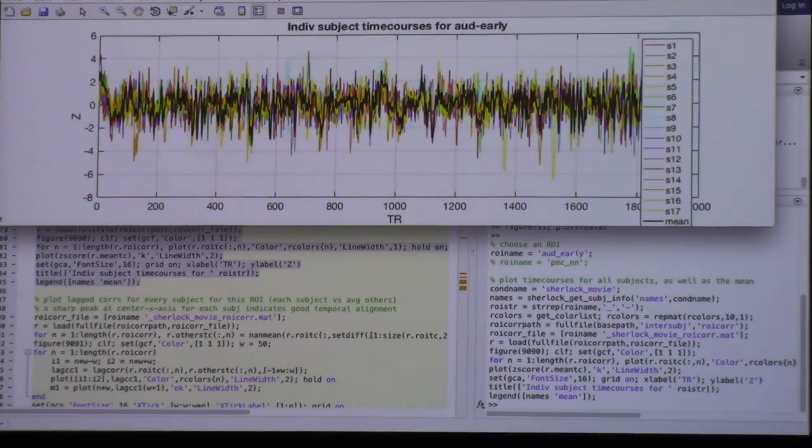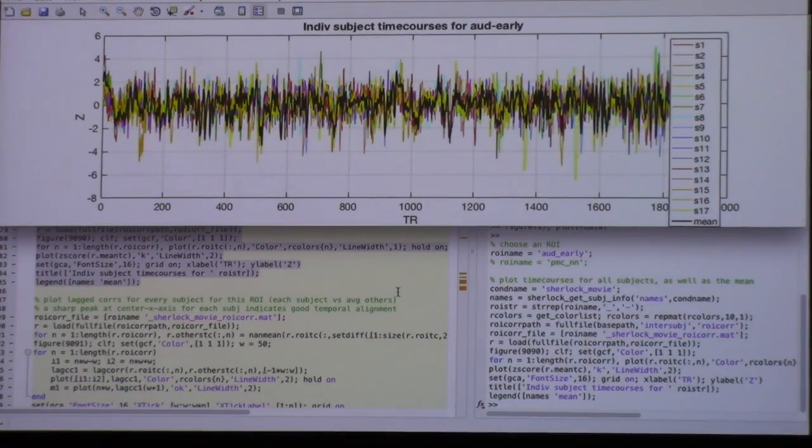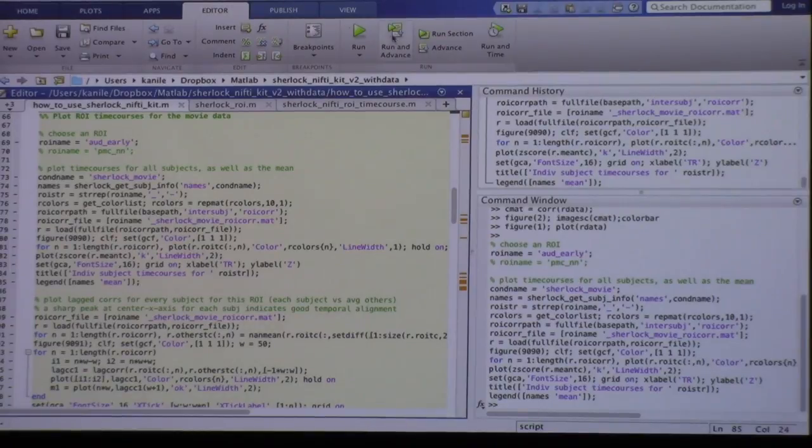It's good to always do this and look at your data. We often see this kind of thing at the beginning. Maybe this is another methodological thing that I will return to after we do some real stuff in the tutorial. So it's nice to look at the ROI time courses.